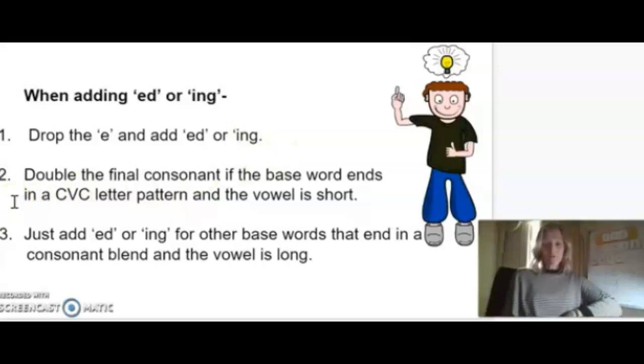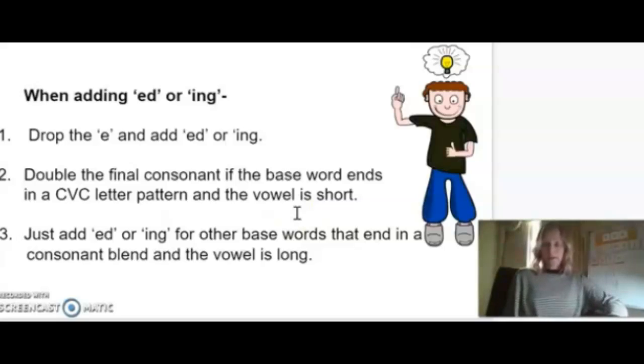The second rule was looking at that base word if it had a short vowel in its last three sounds and the last three were a consonant, vowel, consonant letter pattern. Then we have to double that last consonant, then add the ed, or we double the last consonant and we add the ing. Now we're going to do some practice so that you can see this happening.